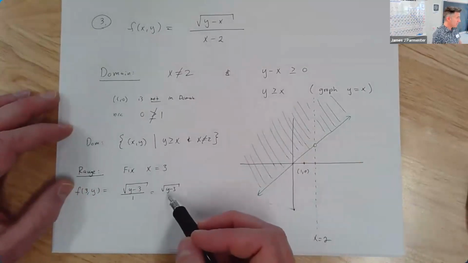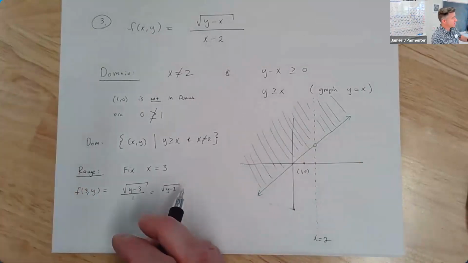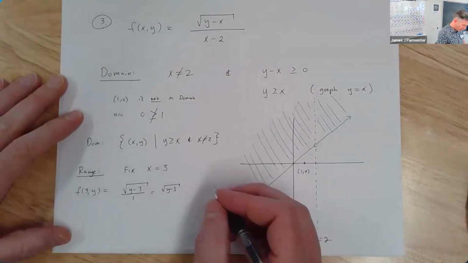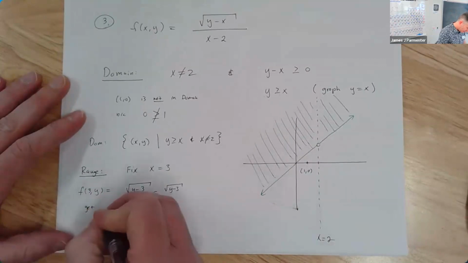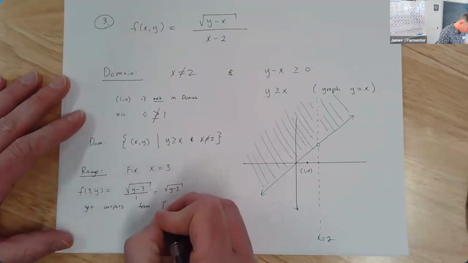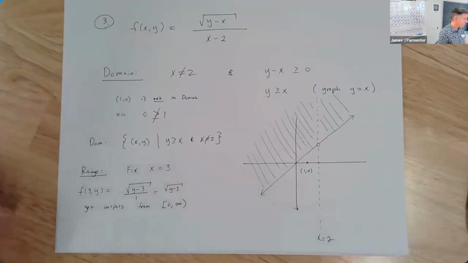But if y is any number bigger than or equal to 3, then my output can be 0 or any number larger than 0. So so far, that means I get outputs from 0 to infinity. I can get anything that's non-negative if I let x equal positive 3.